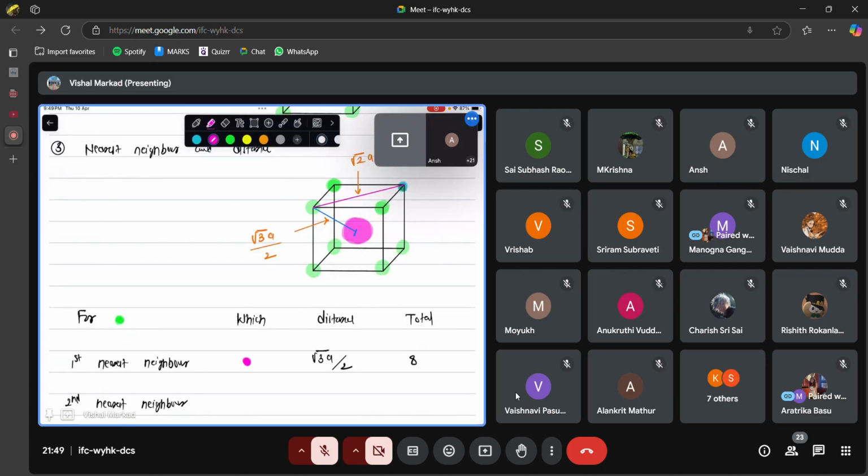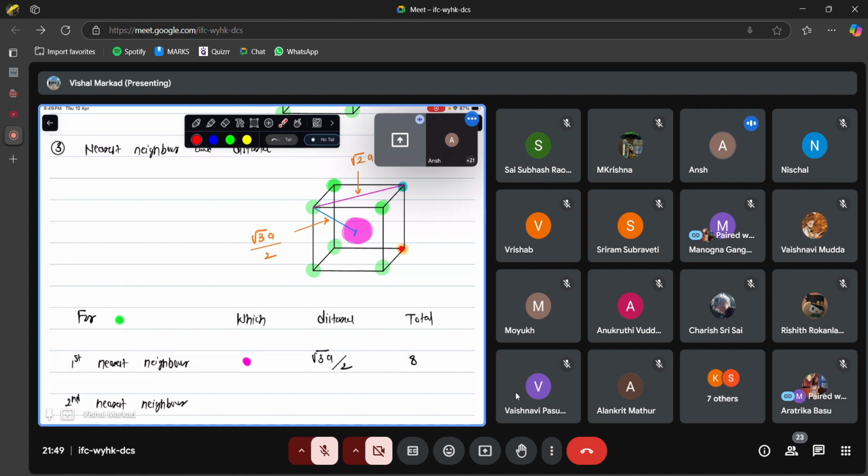Can you tell me what will be the distance? And one more thing we'll put here. This one will also be there. You see, one top corner to bottom one. We are discussing with respect to this one. This is the first nearest, root 3a by 2.